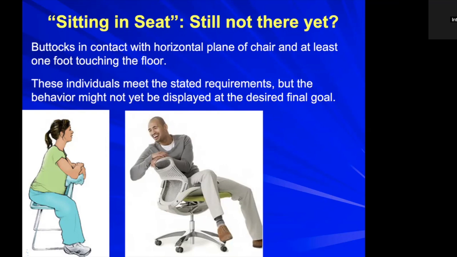Now, I'm okay with these two individuals you see here sitting, because I was teaching in a self-contained class for kids with conduct disorders, streetwise, aggressive, manipulative behavior patterns. And as long as they were engaged in the lesson, I didn't much care how they sit, just buttocks in contact with horizontal plane of chair.